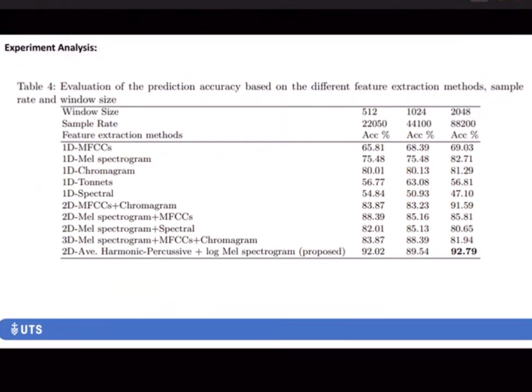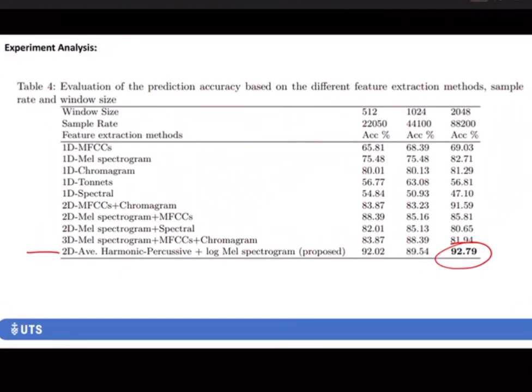We evaluate the prediction accuracy based on the different feature extraction methods, sample rate, and window size in our model. We can see our proposed feature extraction method, a two-dimensional average of harmonic and percussive plus a log of mel spectrogram, gets the best result among the different feature methods.